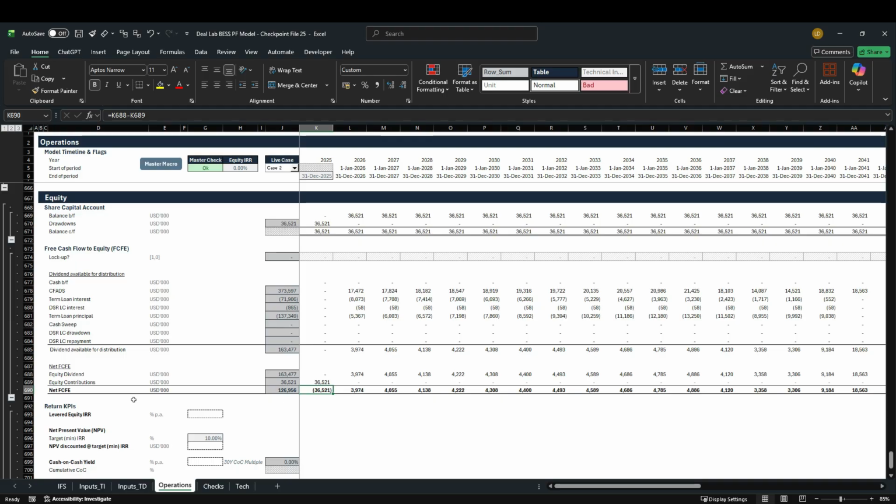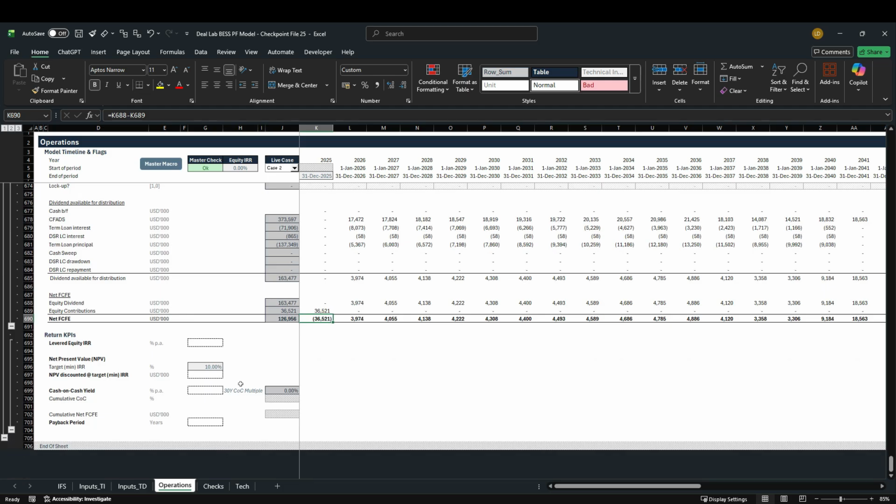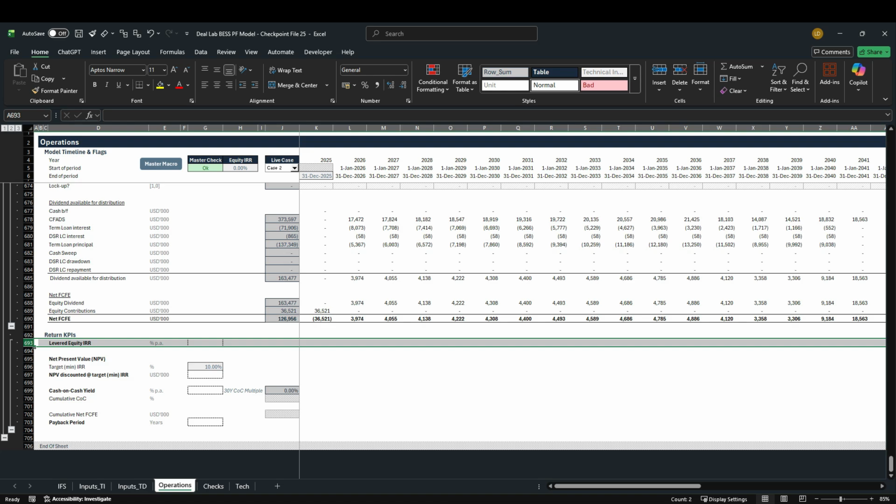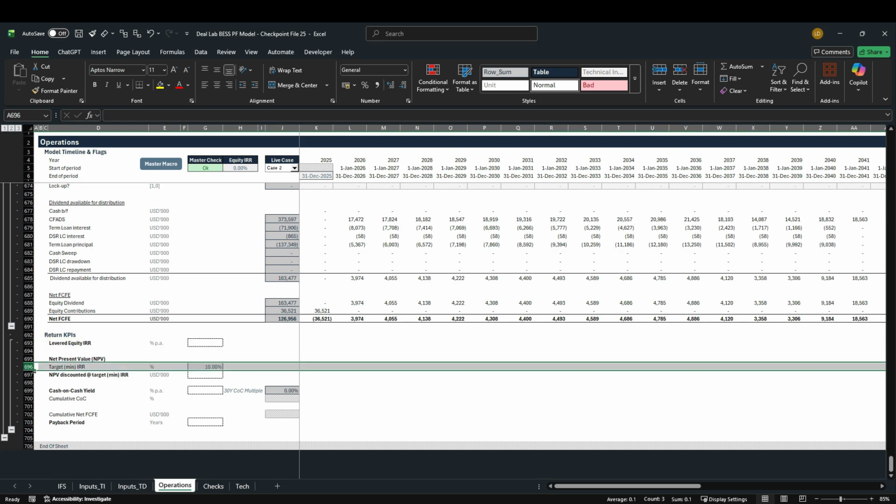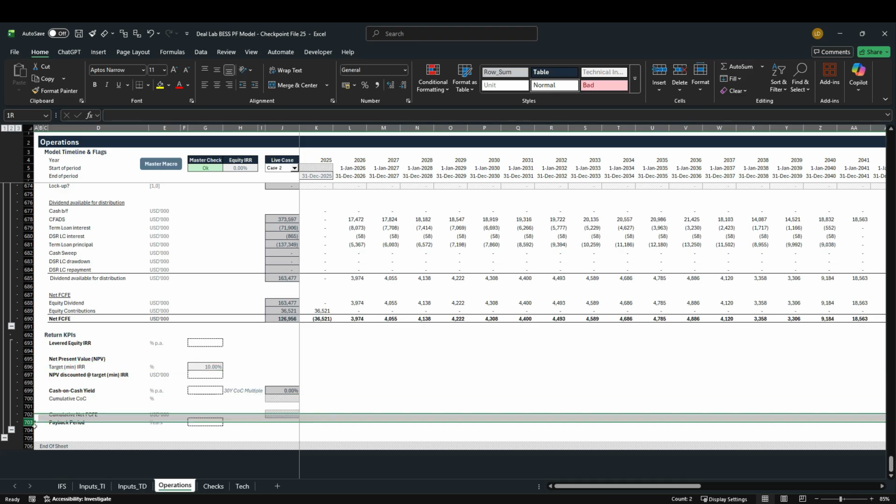So with the net free cash flow to equity as basis, we can move on in the next lesson to calculating our return KPIs, which is our levered equity IRR, the net present value assuming a target minimum IRR, our cash on cash yield, and our payback period.